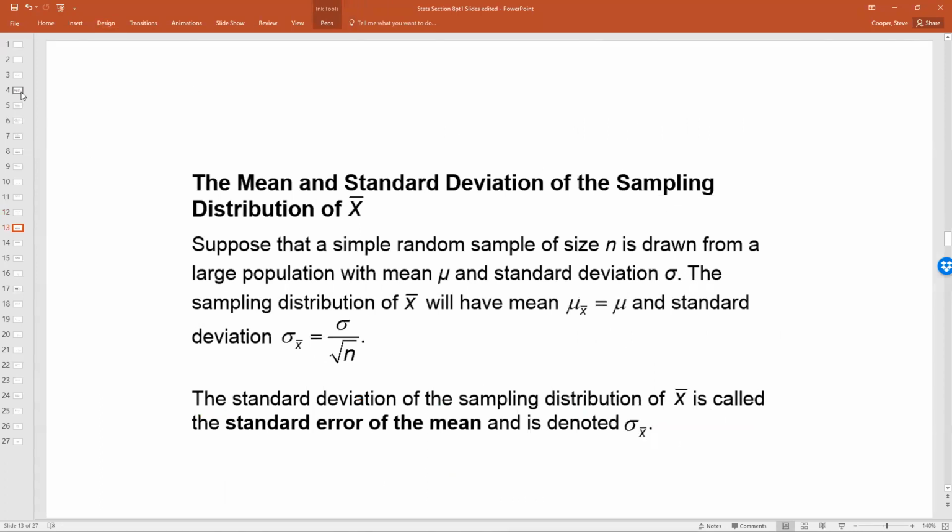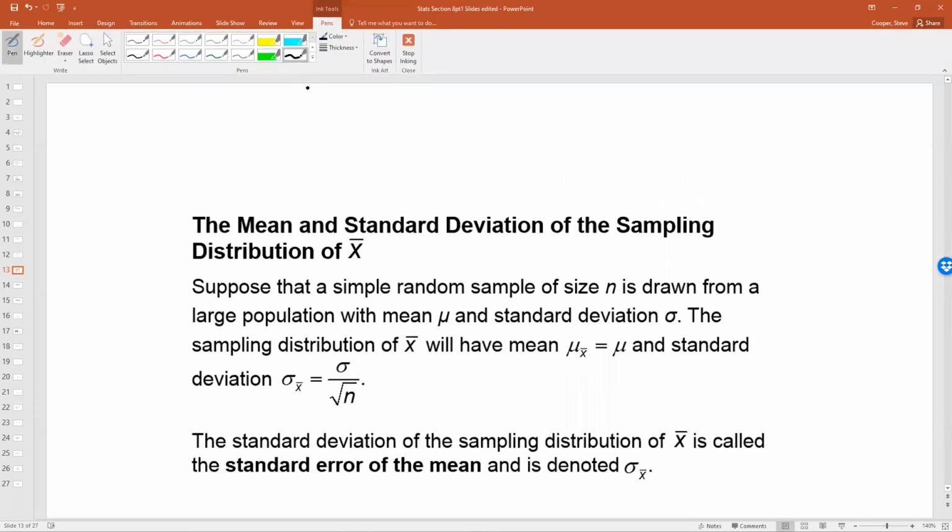So how do we calculate that new standard deviation? Well, first of all, we're going to distinguish the mean for a distribution of sample means from mu itself by calling it mu of x bar, because it's the mean of a bunch of x bars, or a bunch of means. But it turns out that it's identical to the underlying mean.